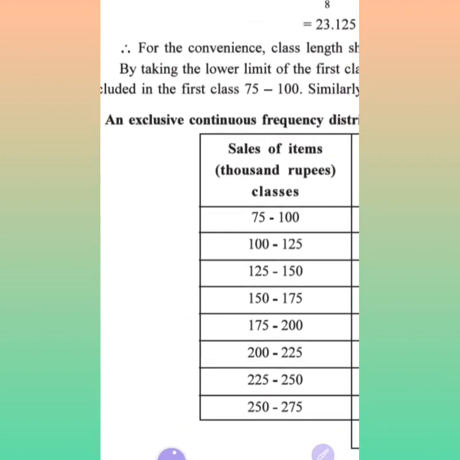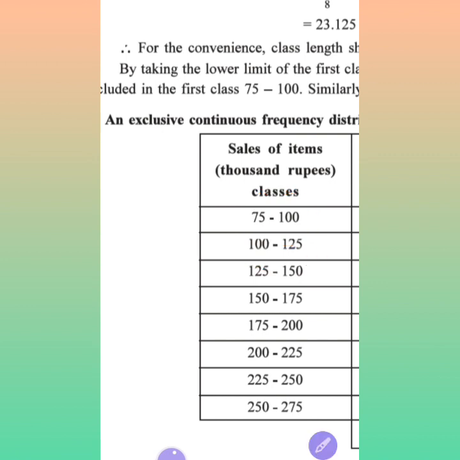You would find continuous frequency distributions are of exclusive type and inclusive type. Now these are of exclusive type. Just see why. Over here, children, first of all, take this class 75 to 100, and then 100 to 125.